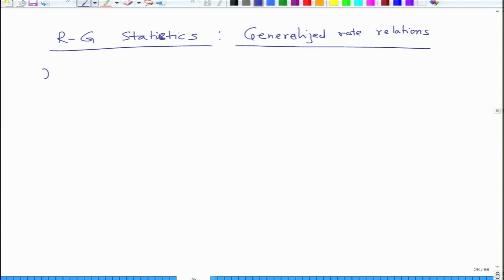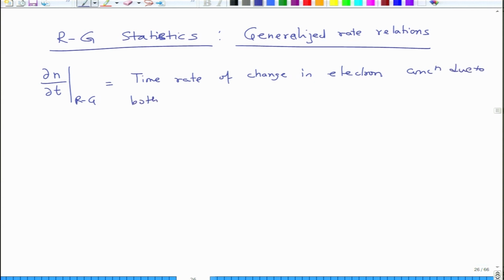So basically we say del n by del t due to RG is the time rate of change in electron concentration due to both RG centers. Okay. So it's negative if electrons are lost, and it's positive if electrons are created.